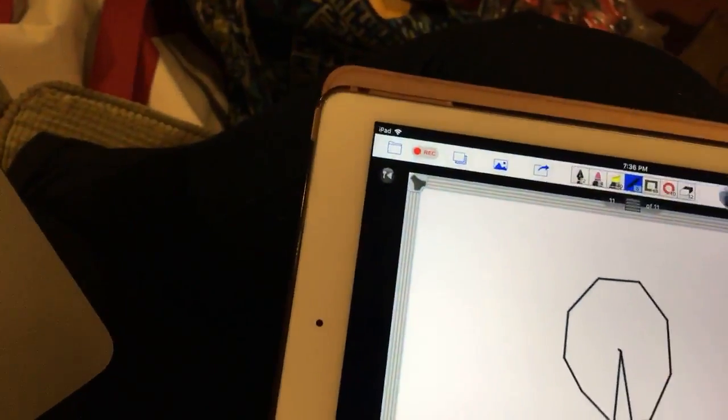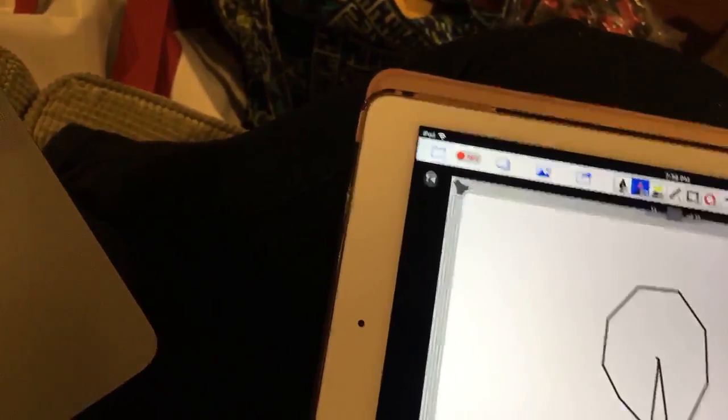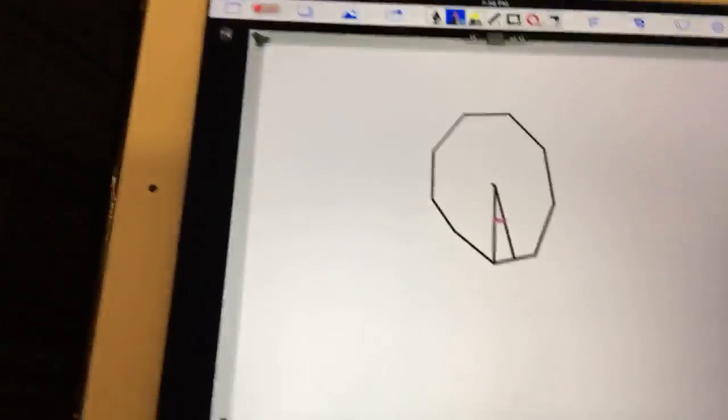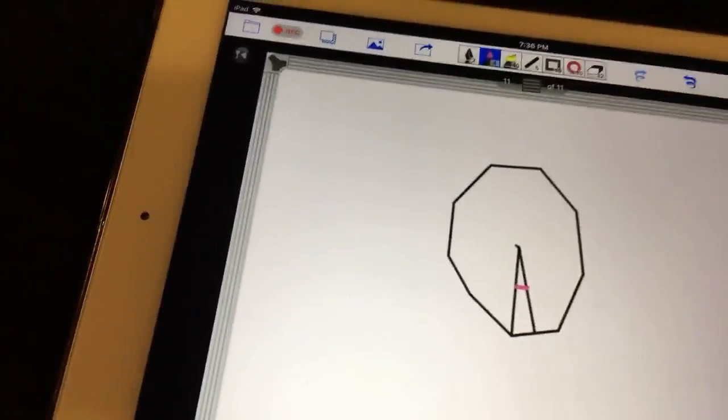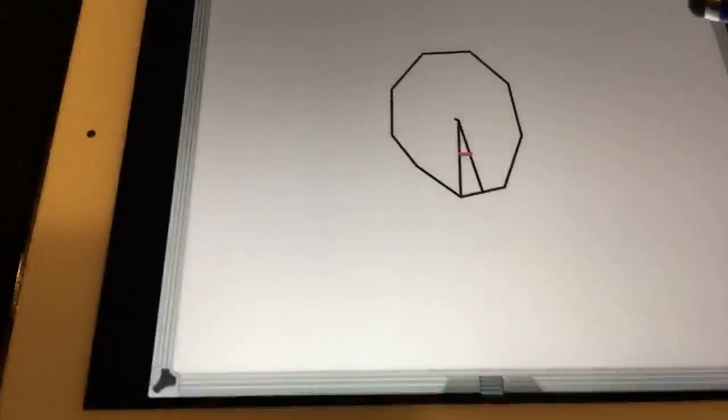All right. So, if this is a nonagon, then this central angle right here, the definition of an apothem, Jesse, is the segment that goes from the center of a regular polygon and is then perpendicular to one of the sides. All right?